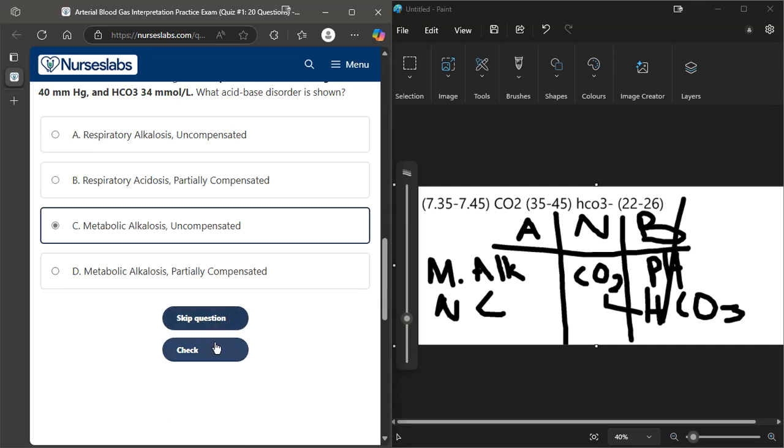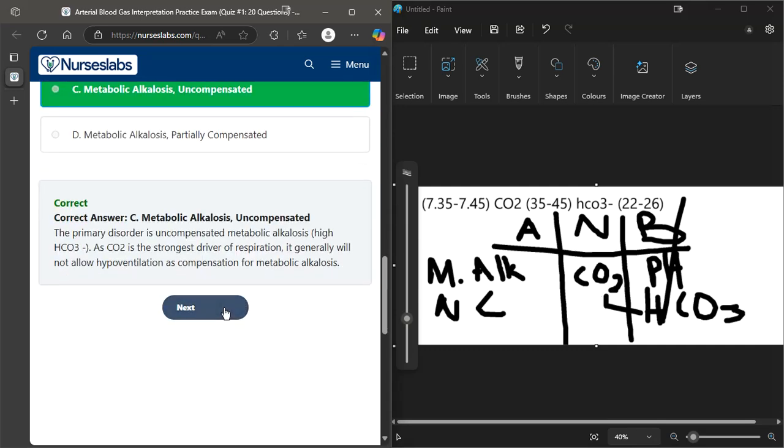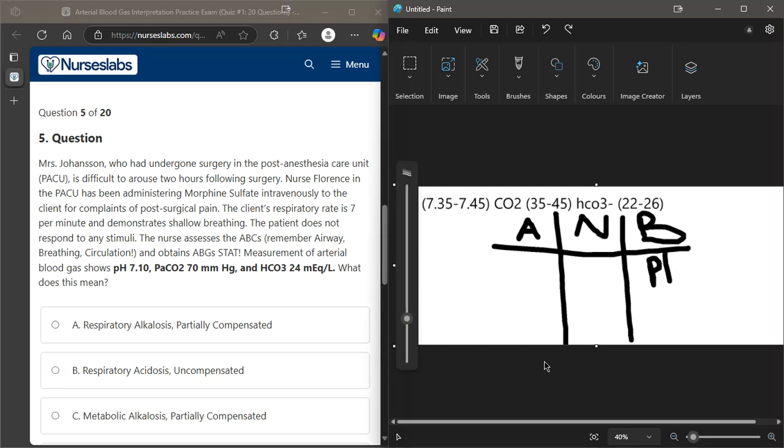Okay, the fifth question. We have pH as 7.1, and we said pH 7.35. Anything less than 7.35 is acidic. So our pH will come under the acidic tab.